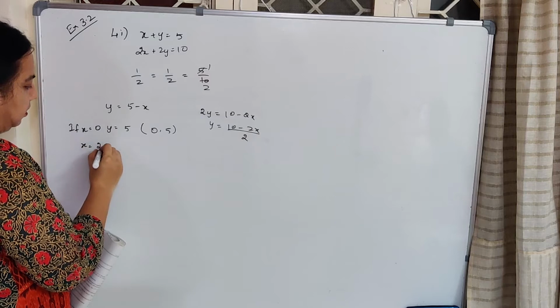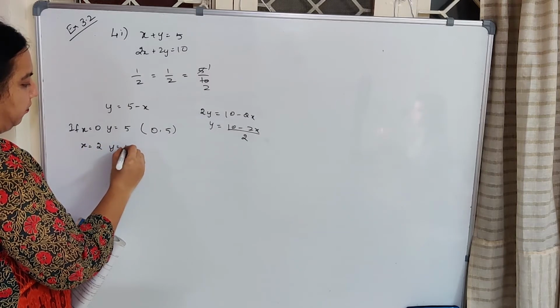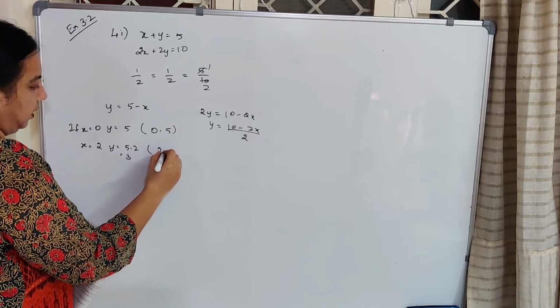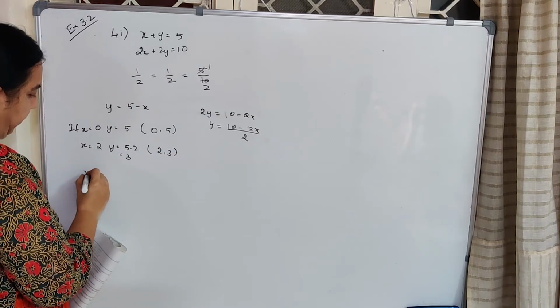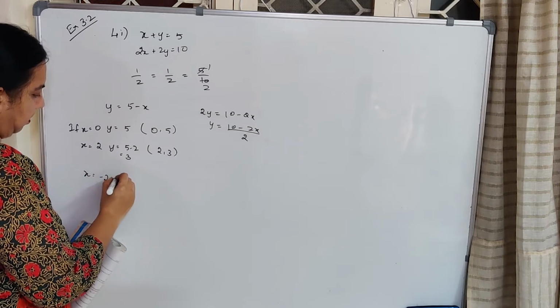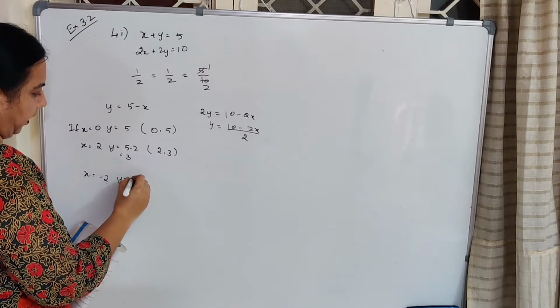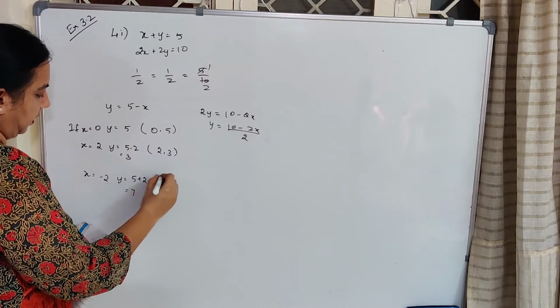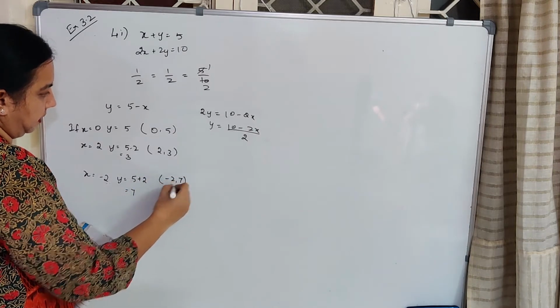If x is equal to 2, y is equal to 5 minus 2, and that is equal to 3. So the point is 2, 3. If x is equal to minus 2, y is equal to 5 minus of minus 2, so the value is 7. So the point is minus 2, 7.